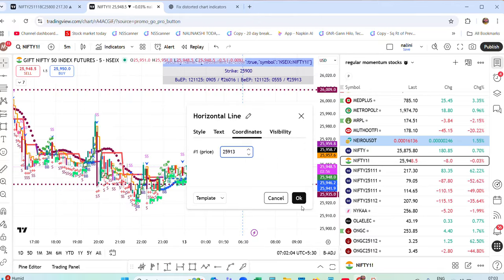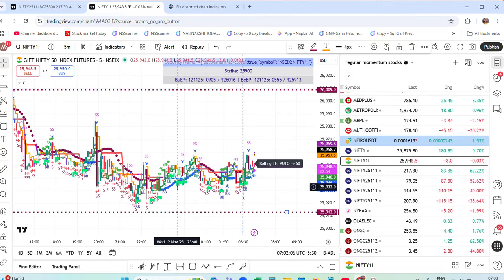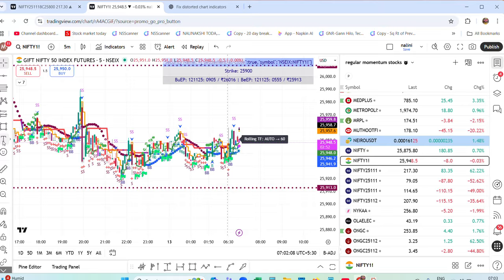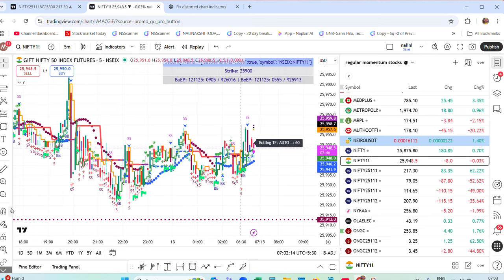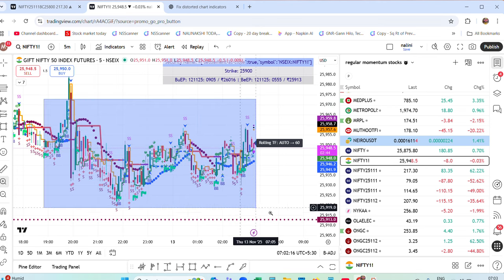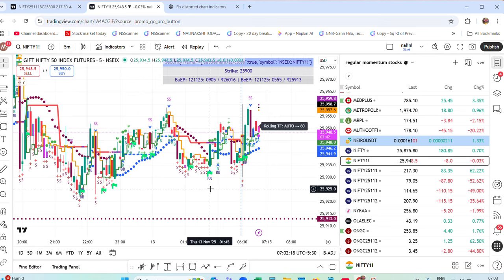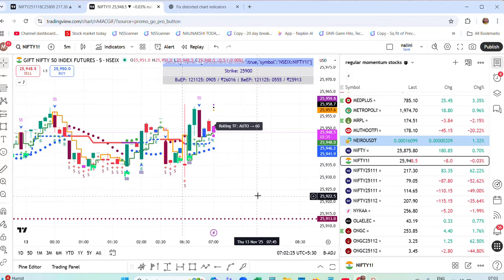25,930. Actually, episodic pivots will not work that much on the GIFT Nifty because the volumes will be very less in these futures. There will not be much volume. We may get false signals. What is happening in the market at present?